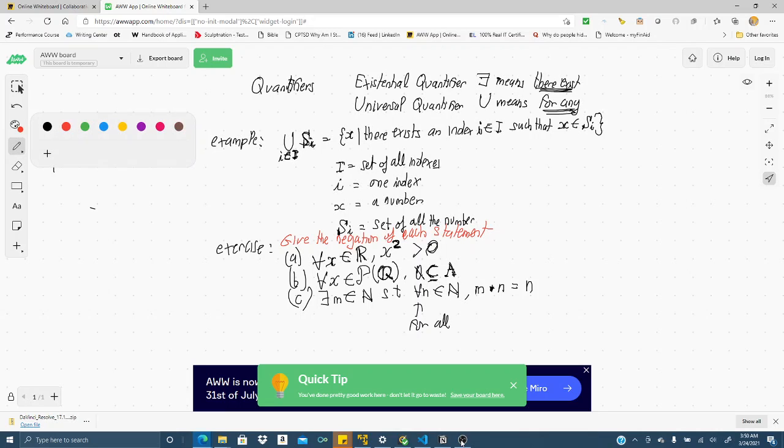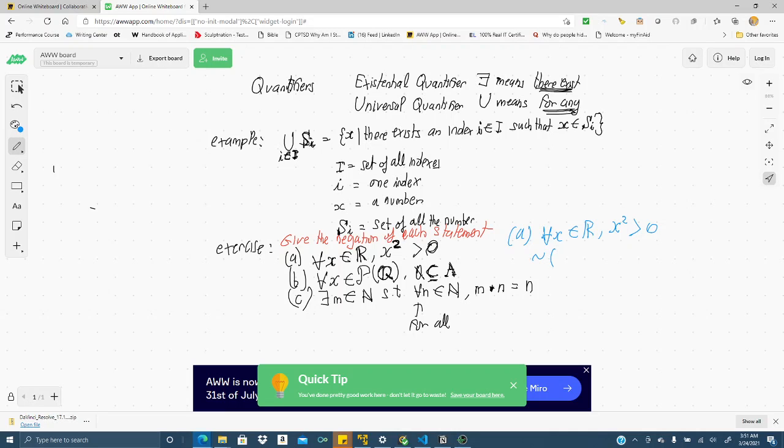Okay, let's solve this problem. So the negation of A will be, let's start with for all x that belong to the real numbers R such that x squared, all the numbers that are multiples of themselves, is bigger than 0.